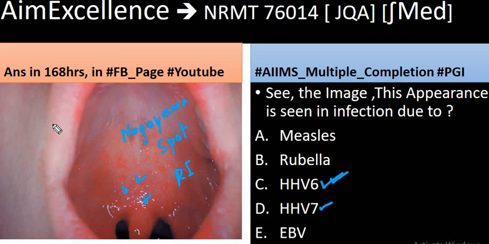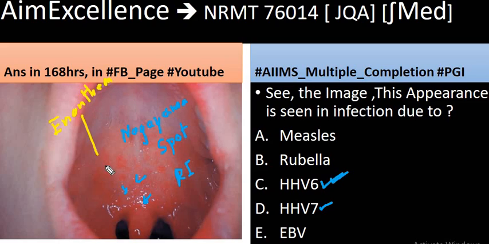For the MBBS Viva, this is actually an enanthem. This is a case of enanthem because it occurs within the body, like Koplik spot, which occurs in cases of measles.